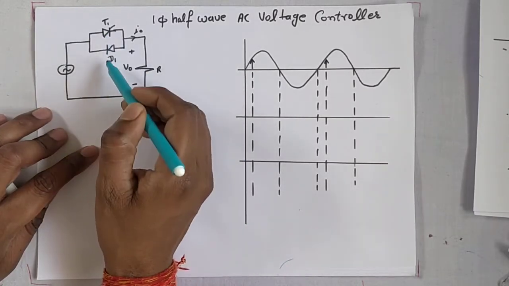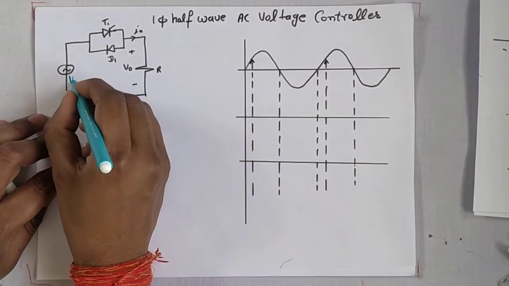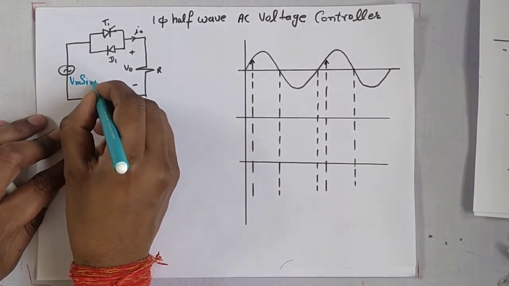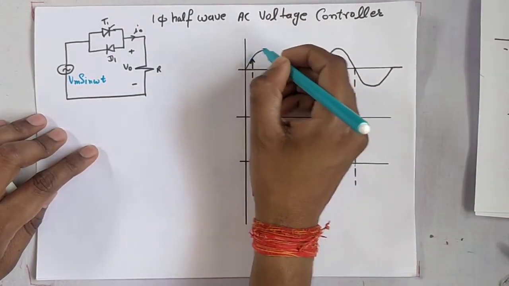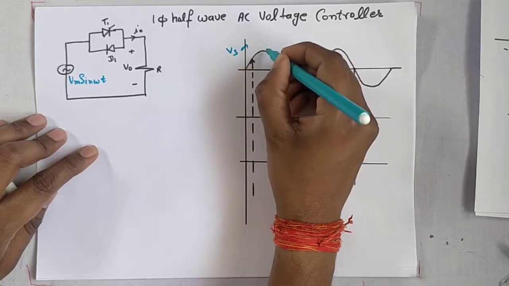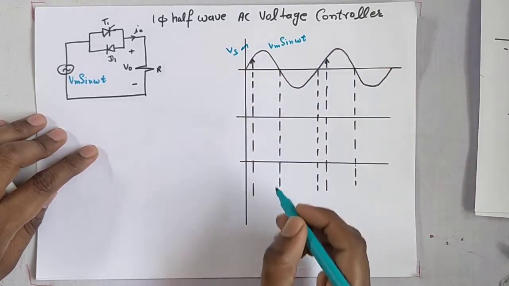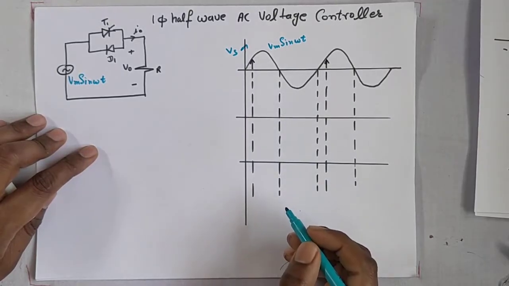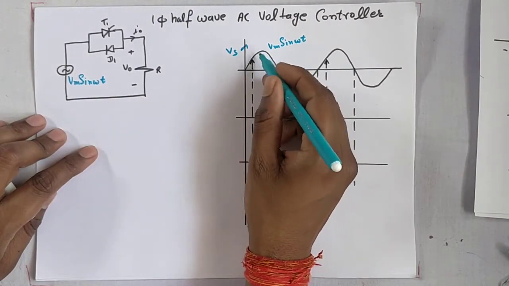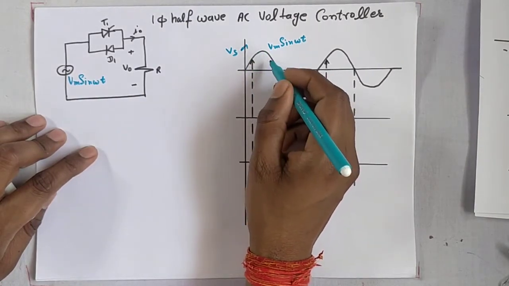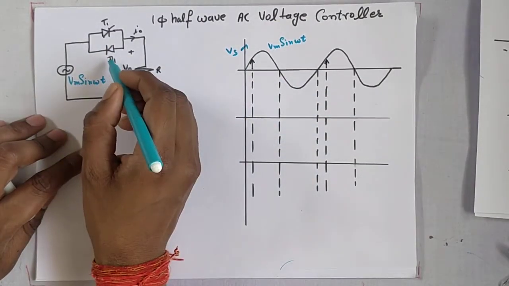This is a thyristor, this is a diode, this is resistance R and this is the input voltage Vs = Vm sin omega t. So let's understand how this circuit will work. For the positive cycle of the source voltage, T1 will conduct, and for the negative cycle D1 will conduct.